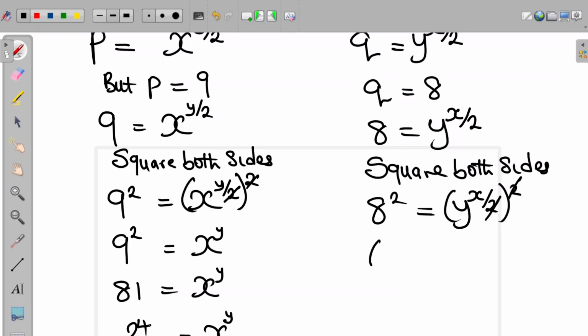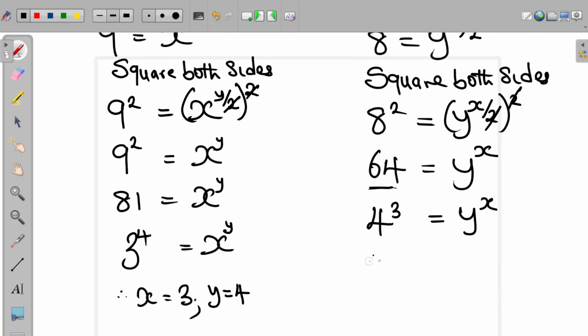We have that 64 is equal to y raised to the power of x. Now we can express 64 in the base of 4. So this is 4 raised to the power of 3 equal to y raised to the power of x. Again, therefore, x is equal to 3 and y is equal to 4.